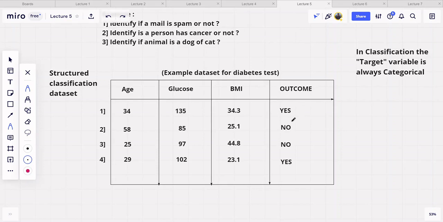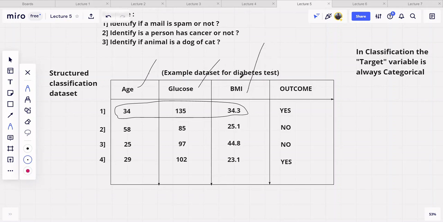The outcome column represents if the person has diabetes or not. Each sample consists of three main data points. First is the age, the second one is the glucose in the body, and the third is the body mass index, that is BMI.